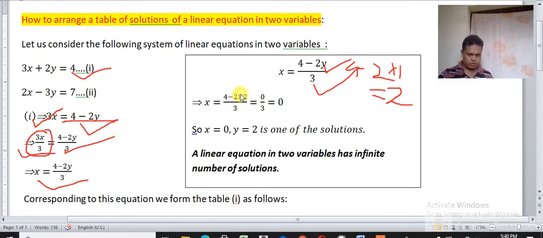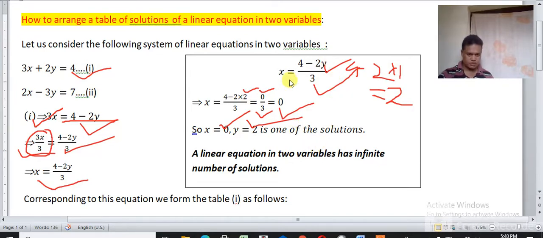So 4 minus 2 into 2 is 4, 4 minus 4 is 0, 0 by 3 equal to 0. So we have found the first point: x equal to 0 and y equal to 2. The remaining 2, 3, 4 points, any number of points we can find easily by using this shortcut.